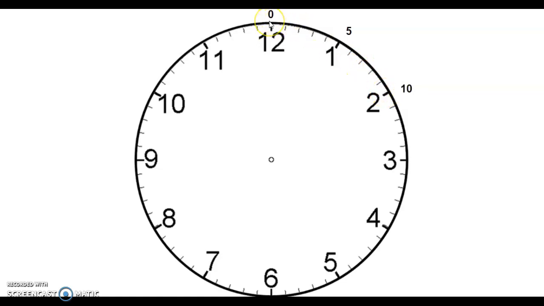So we could count on by 5, so it's 5, 10, 15, 20, 25, 30, 35, 40, 45, 50, 55, and then this would be 60, but we're starting over at 0. So there are 60 minutes in 1 hour, but we use the 12 as a 0.